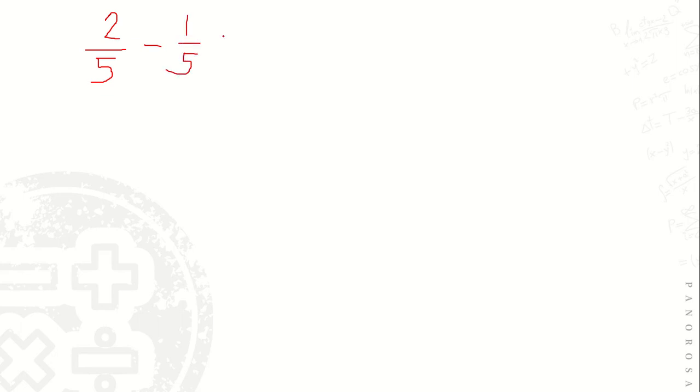They are said to be similar fractions because they have similar denominators. So the procedure in subtracting similar fractions, we will just copy the same denominator, which is 5, and then do the operations in the numerator. So we have 2 minus 1, we have 1. So the answer is 1 over 5.